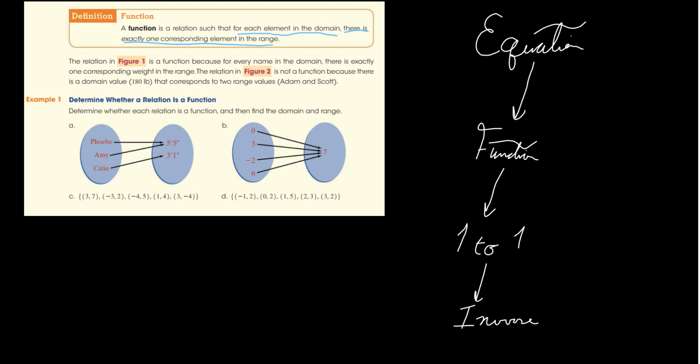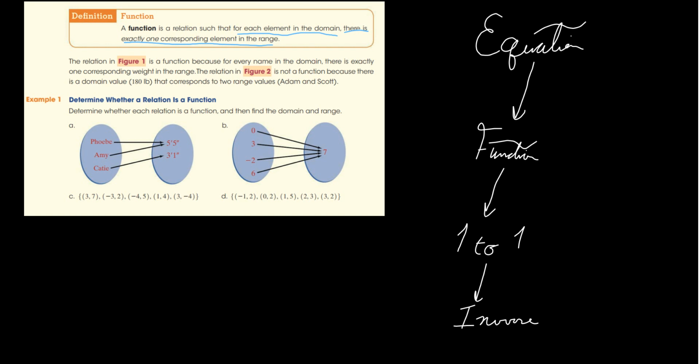Values that we're used to in domains when we graph are integers, right? 1, 2, 3, 4, 5, 6. For each element in the domain, there is exactly one corresponding element in the range. So what that's saying is that you can only go to one element in the range from one element in the domain.